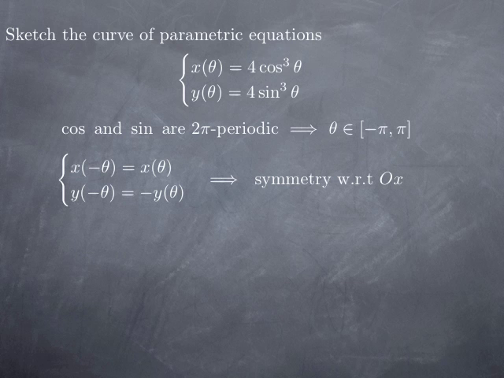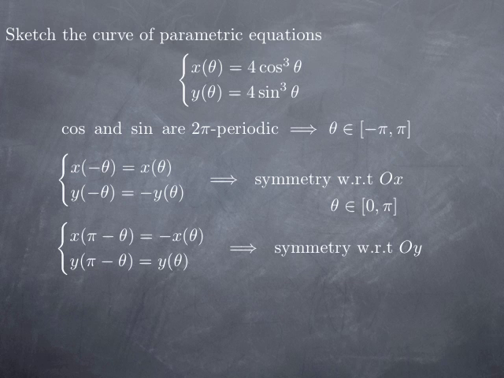What that means is that when we have a point of coordinates x of theta, y of theta on the curve, then the corresponding point of parameter negative theta is in fact the symmetric of that point with respect to the x-axis, because it has the same x value but opposite y value. So we have a symmetry with respect to the x-axis, and therefore we only need half of the interval negative pi to pi, and we get the other half using that symmetry.